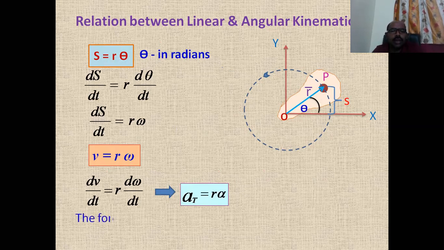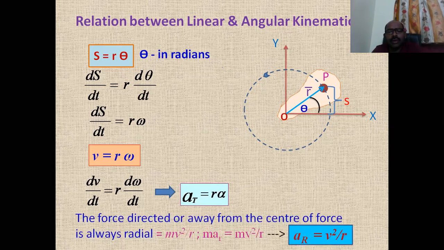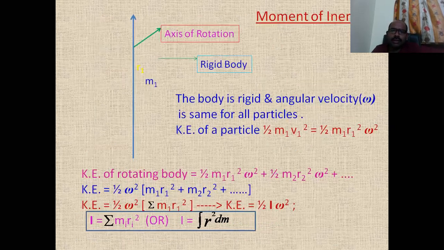Similarly, the radial acceleration a is equal to v square by r, which is in the radial direction.